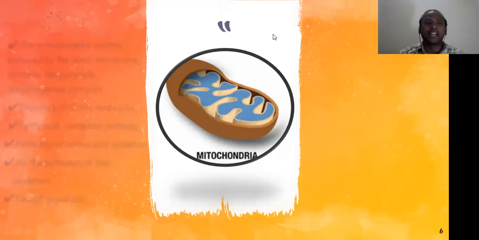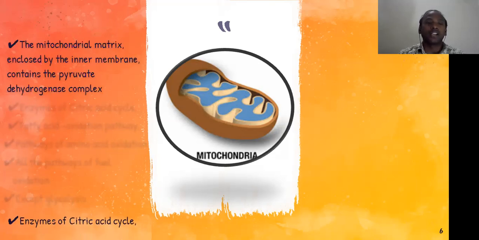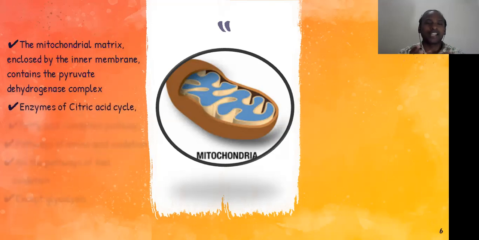So we should understand the importance of this mitochondria. If you take the mitochondrial matrix, as I explained, going from outside to inside, first is the outer membrane, then the inner membrane, and in the core is the matrix.